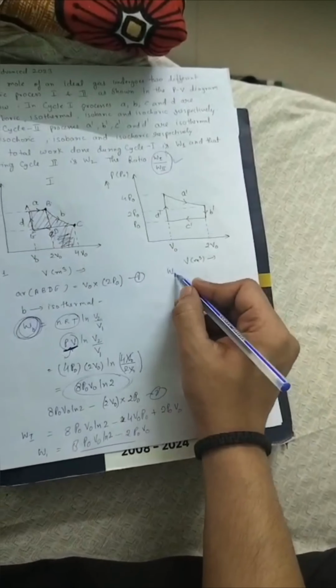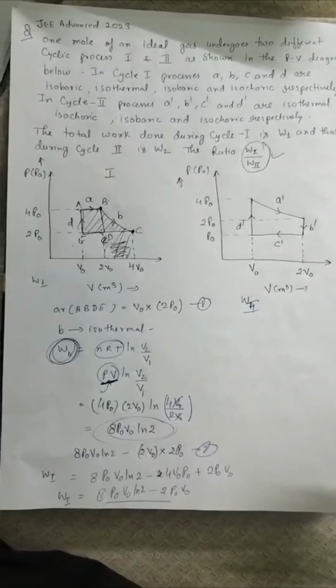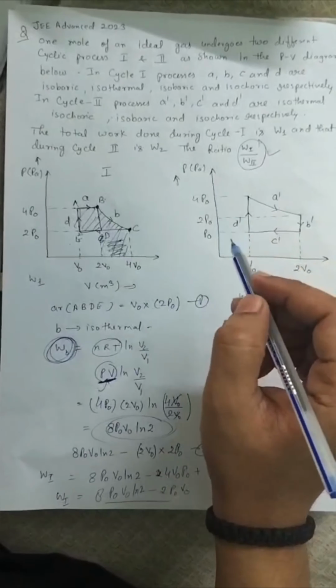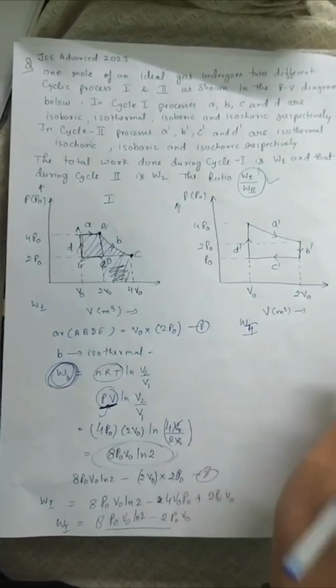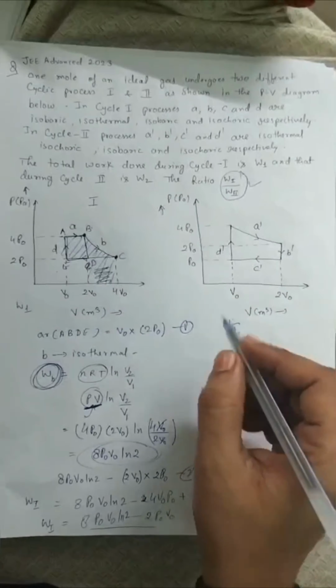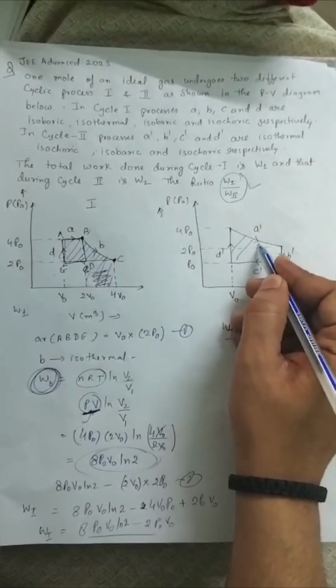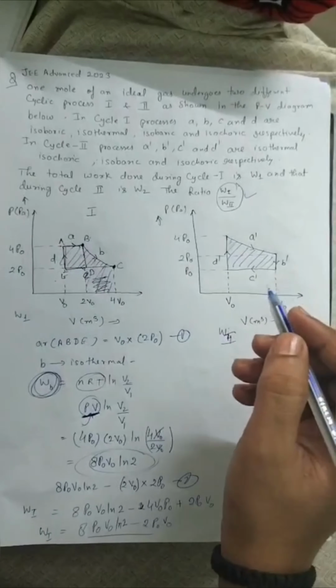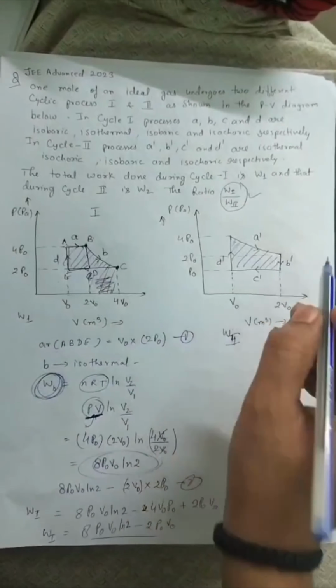Similarly, you can calculate the work for the second cyclic process. Our desired region is this. We need to calculate this area. How we are going to do that is very simple.